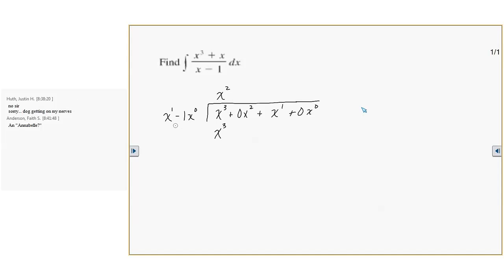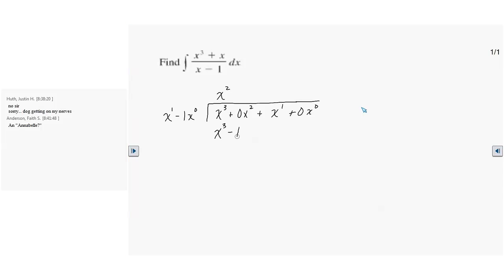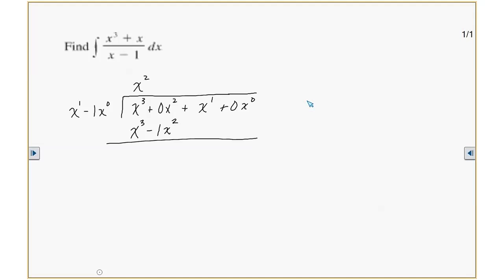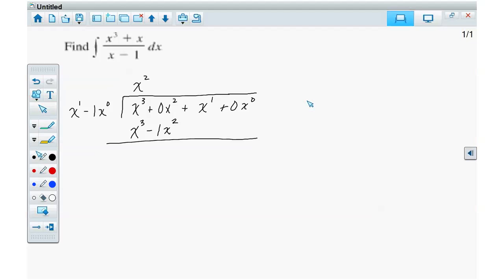X squared times negative x to the 0, add the exponents, and that's going to be negative 1x squared. And what do you always do with division at this point? Subtract. That's how you say it, y'all.